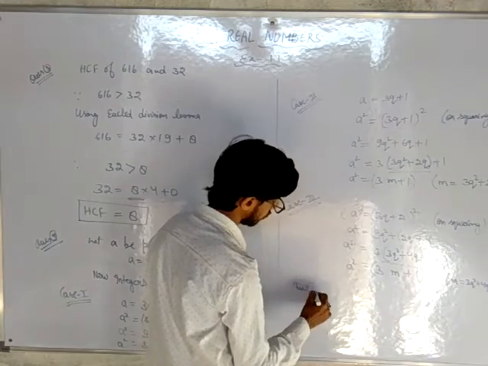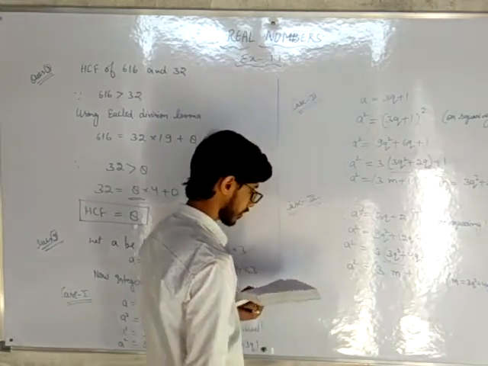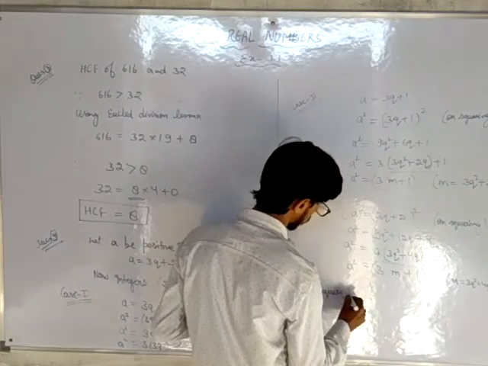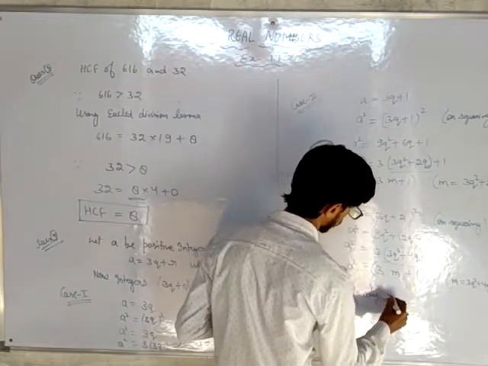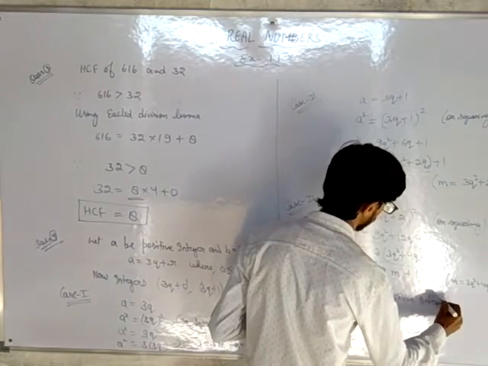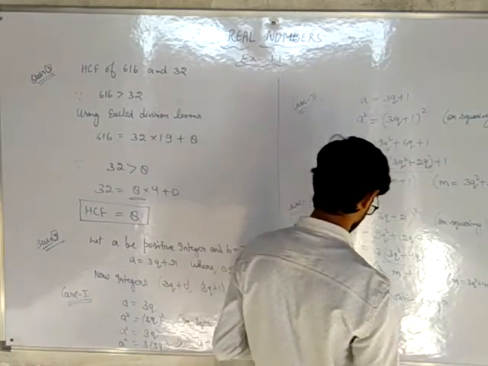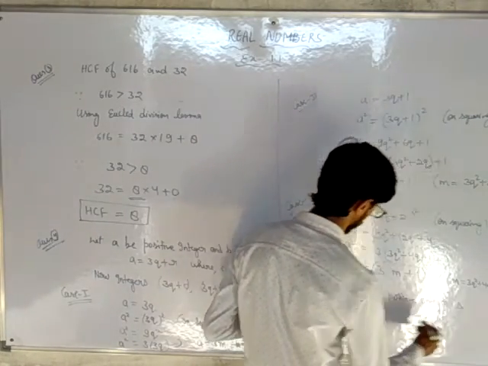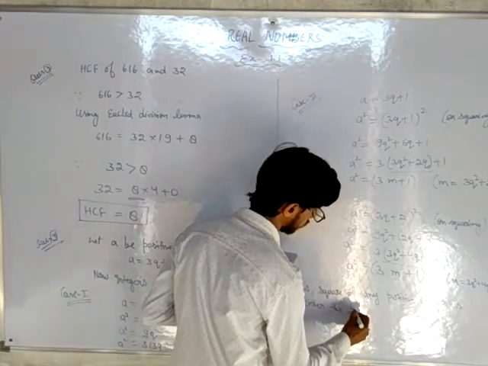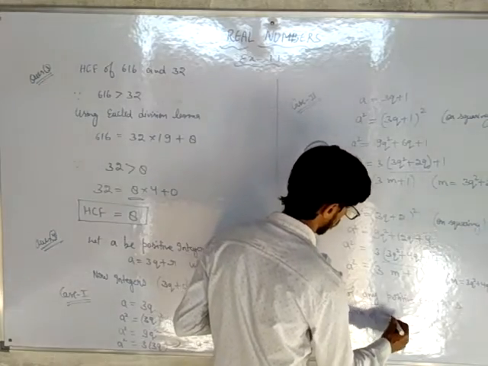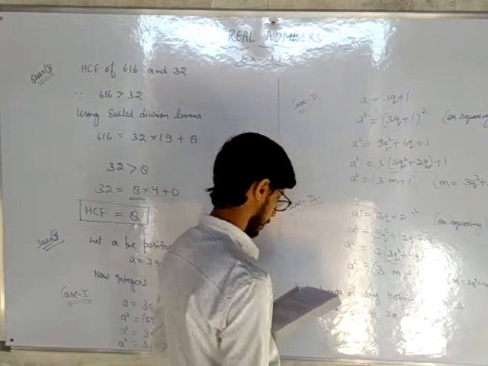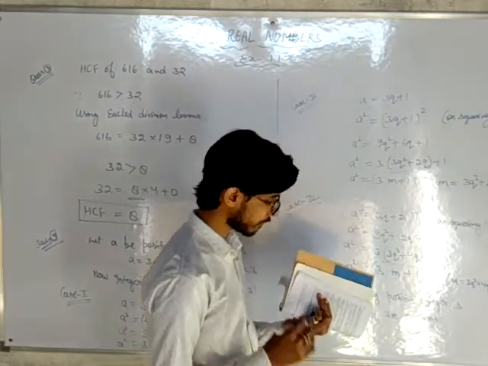Thus, the square of any positive integer is either of the form 3m or 3m plus 1. Clear?